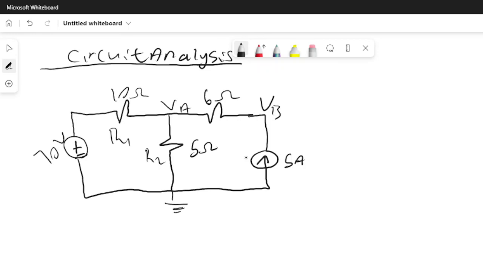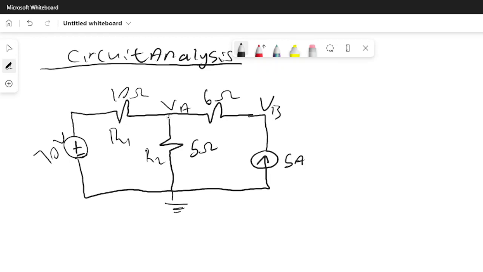Okay, so Kirchhoff's current law says, I'm going to do some justice and try to explain what a node is. When we talk about a node, we are talking about a pathway in a circuit where it separates two circuit elements or more.